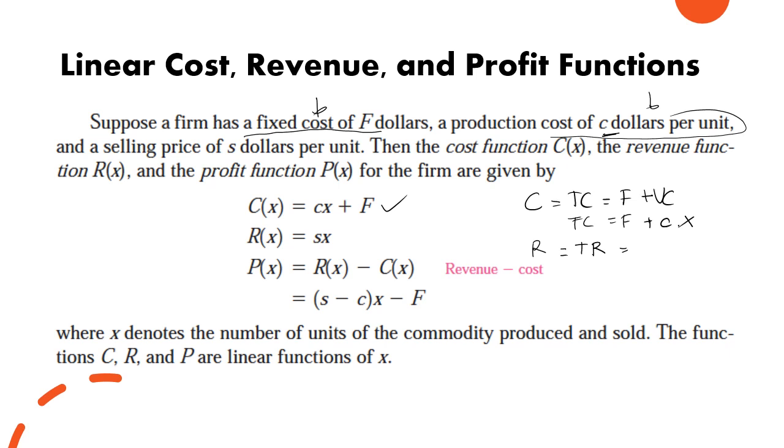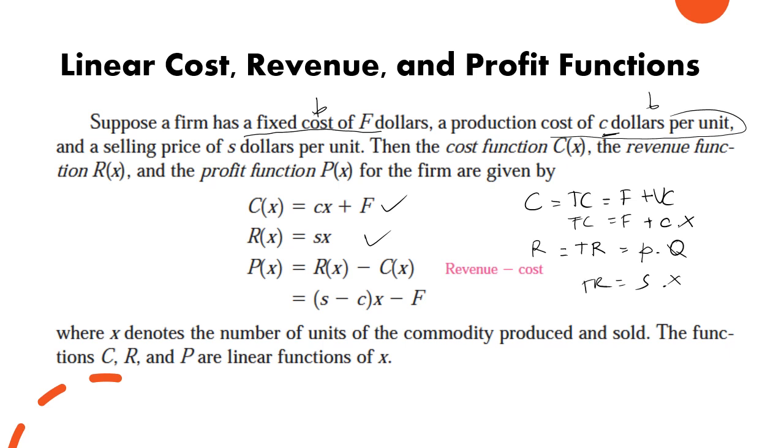So actually revenue comes from the price times the quantity of the selling product. Since we use the quantity X here, and a selling price of S dollars, the price is now S here. So total revenue is S times X.